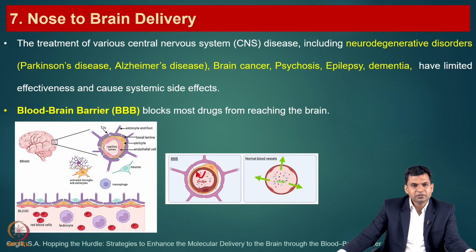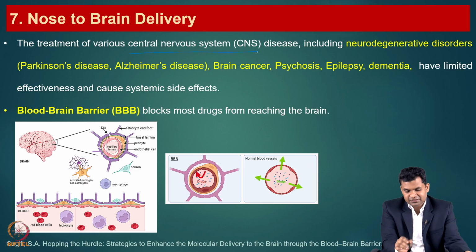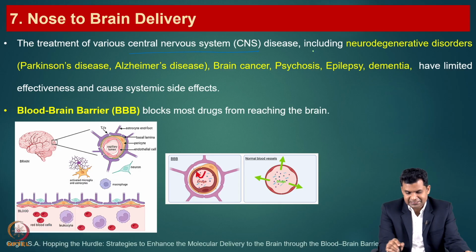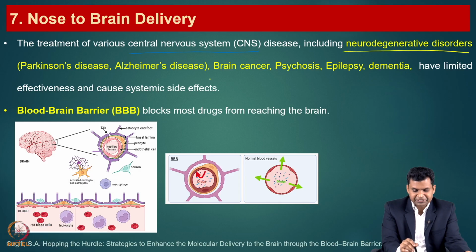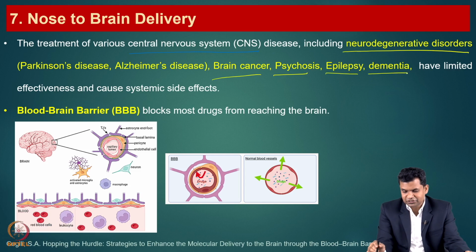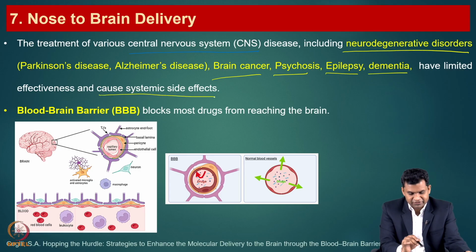And here one last topic, that is the nose to brain delivery. So, we know that for the treatment of various CNS and other types of diseases like neurodegenerative diseases, brain cancer, psychosis, epilepsy and dementia, such therapeutic efficacy is limited, and it causes various systemic side effects with the currently existing therapeutic strategies.